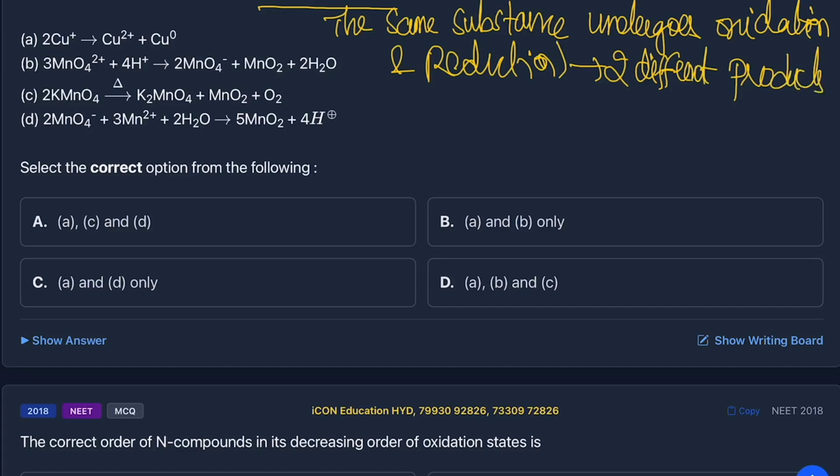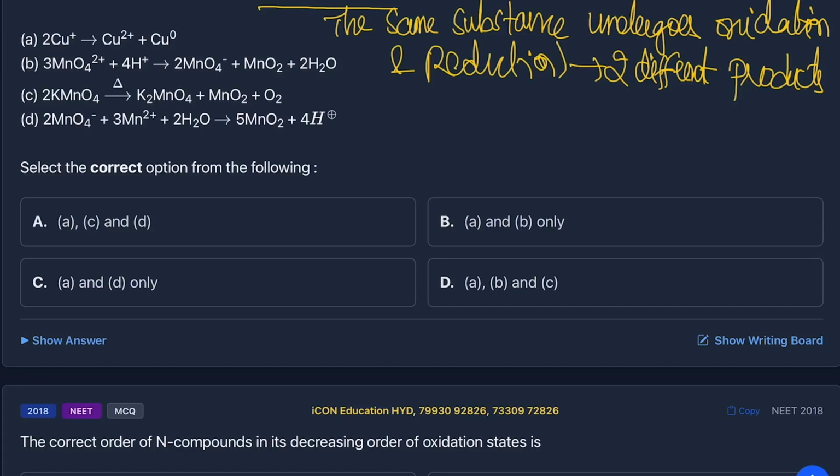What is a disproportionation reaction? The same substance undergoes oxidation and reduction, forming two different products. We have to check which same substance is undergoing oxidation and reduction by forming two different products.